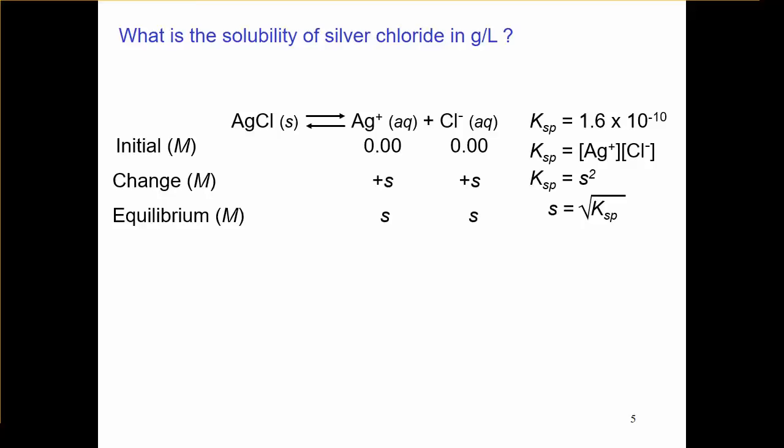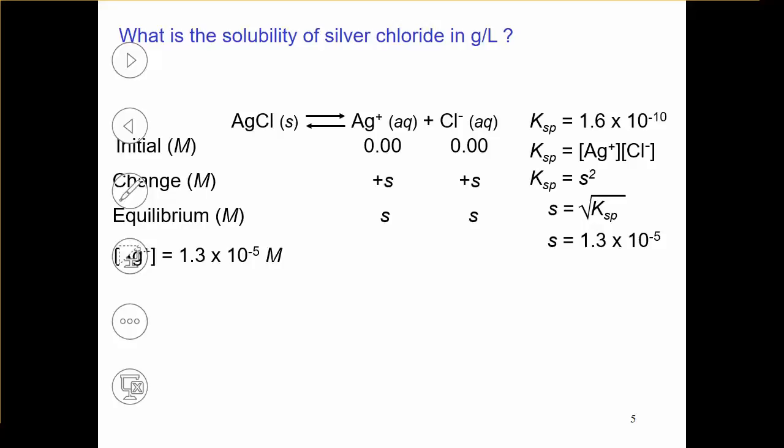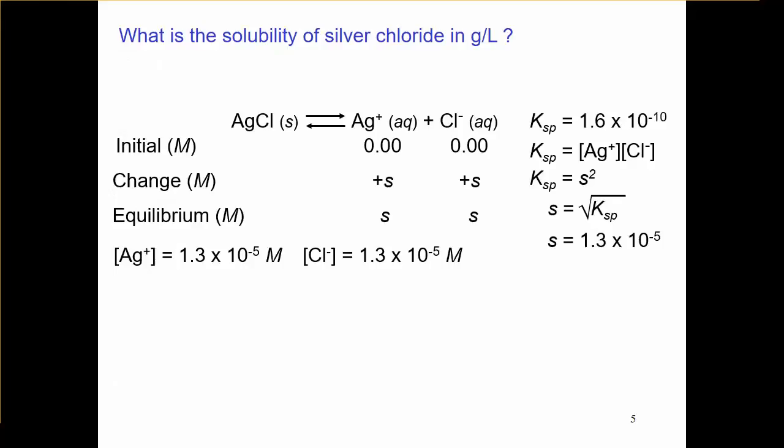So this is the simplest example of how you would find S. You would take the square root of the KSP. So S here is 1.3 times 10 to the negative 5. That is the solubility. The concentration of silver is equal to 1.3 times 10 to the negative 5 molar. The concentration of chlorine is equal to 1.3 times 10 to the negative 5 molar.